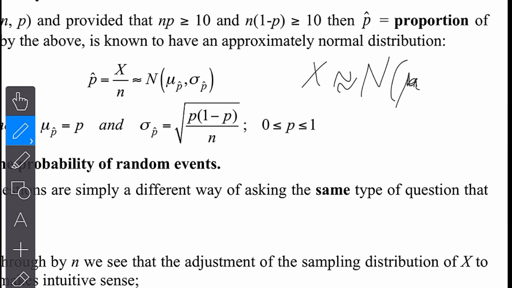With its mean and its standard deviation. And then I gave you formulas for calculating those. The formulas were, let me take that off and put the formulas in there instead.